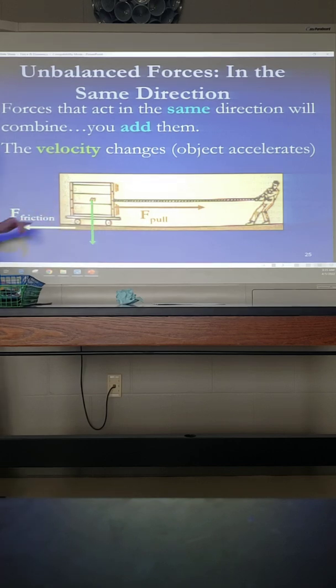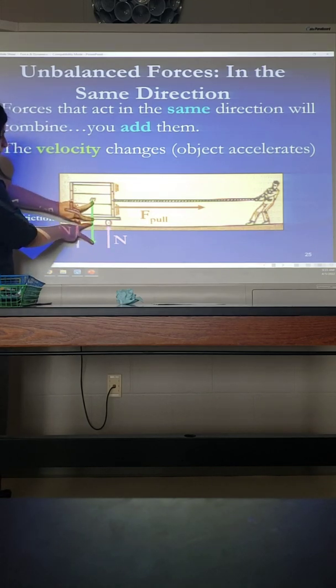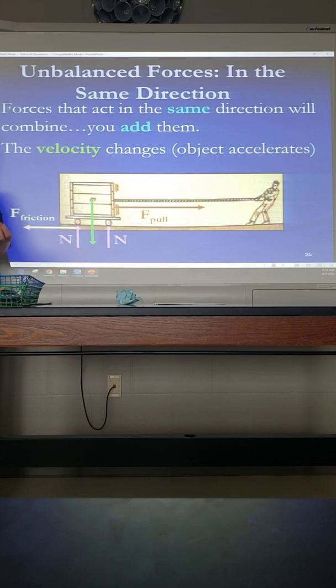And we also know that gravity's pulling downward. And the normal force, where it's a solid to a solid and there's contact, is going to work against gravity. So if you take this and put them together, their 2 upward forces combine to cancel out gravity's single arrow, that green arrow pulling down.